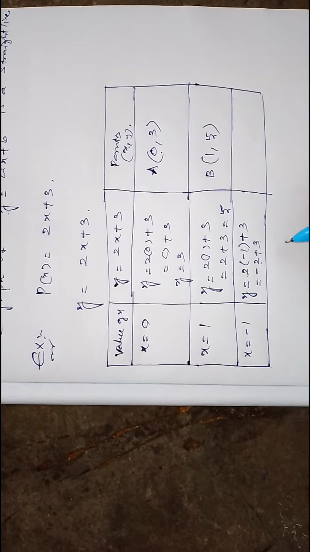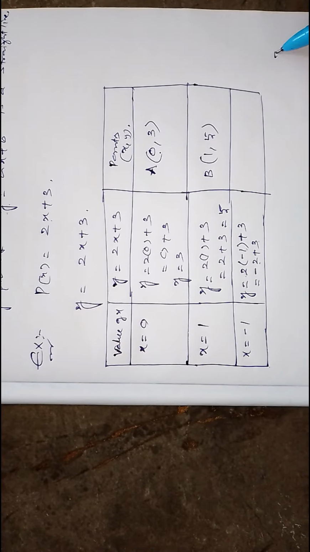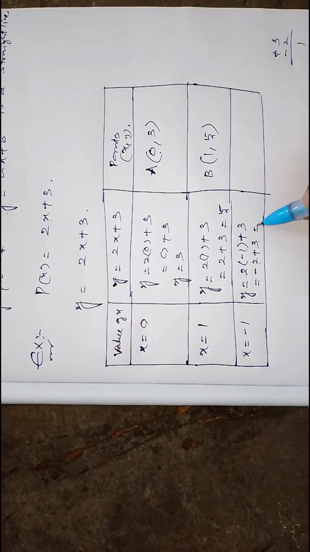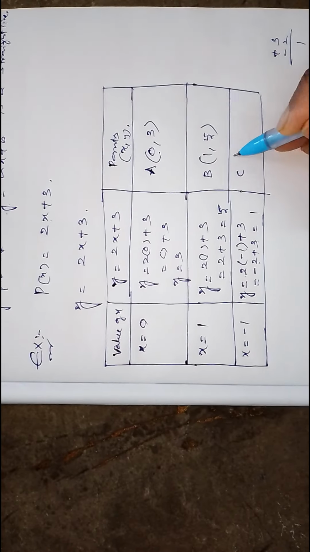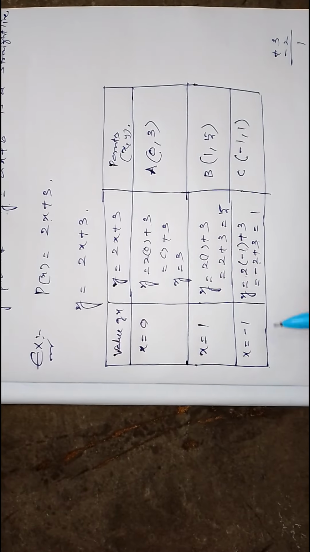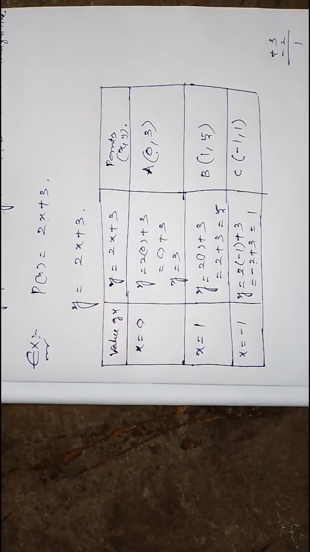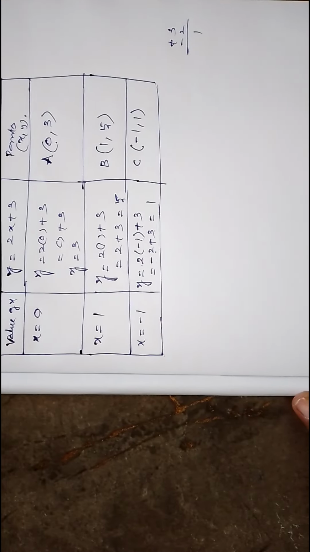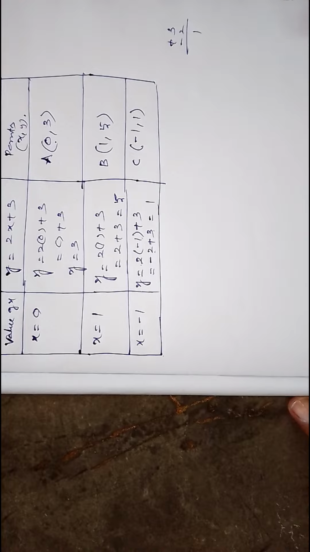Here we have two opposite signs, so we subtract: 3 minus 2 equals 1. So finally we get point C as minus 1 comma 1. When x is minus 1, y equals 1. After getting these points, we have to plot them on a graph sheet and draw the graph.